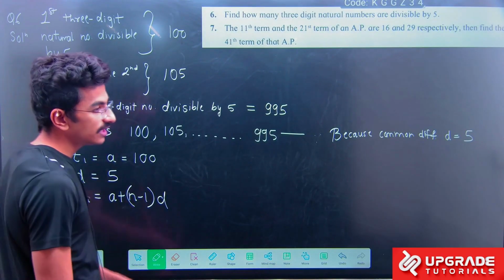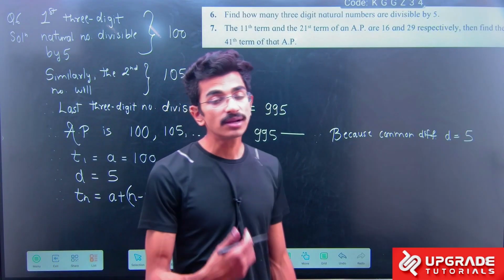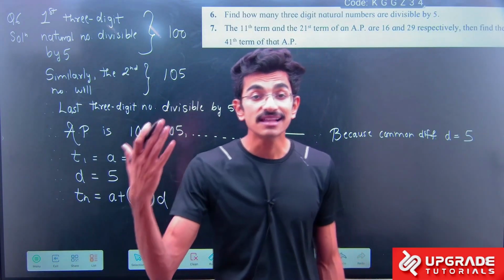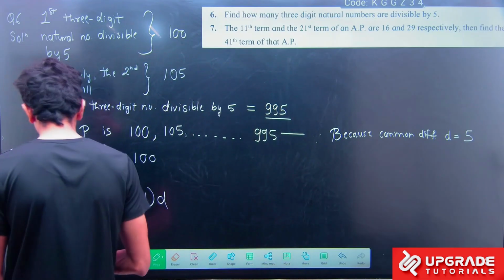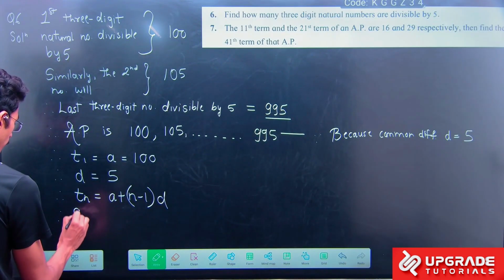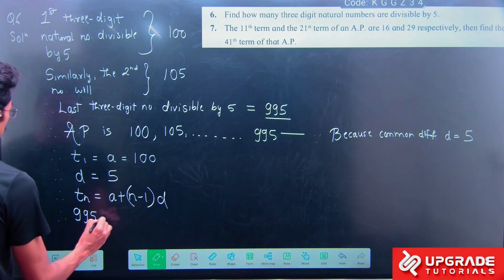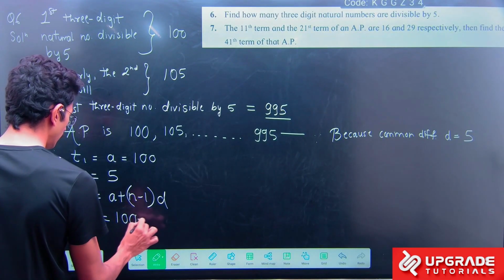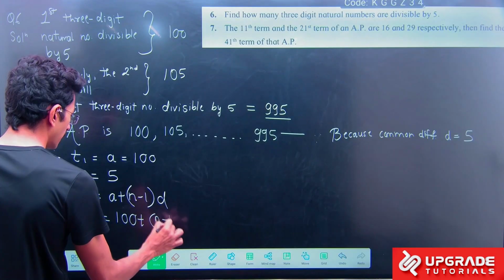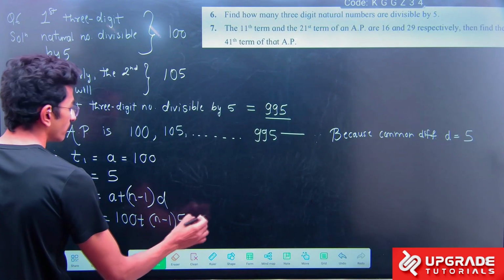Now what is the value of Tn? Tn is nothing but the nth term. Nth term means the last term. So the last term is 995. Therefore 995 is equal to, what is the value of A? 100 plus n minus 1 into D, which is 5.